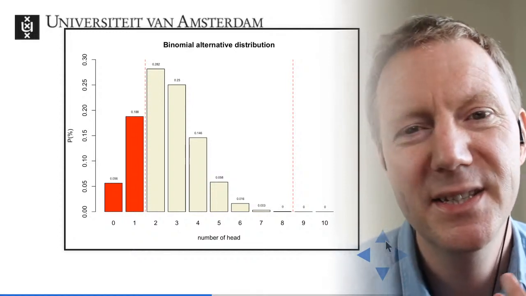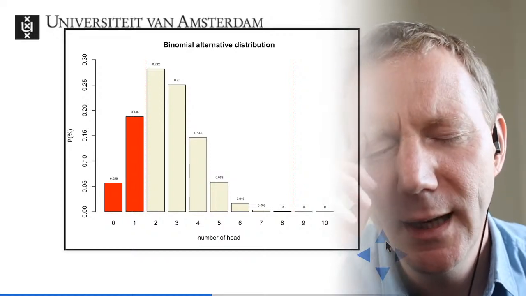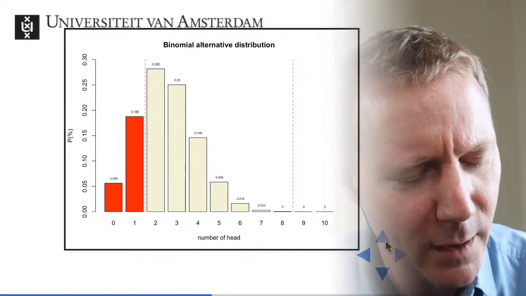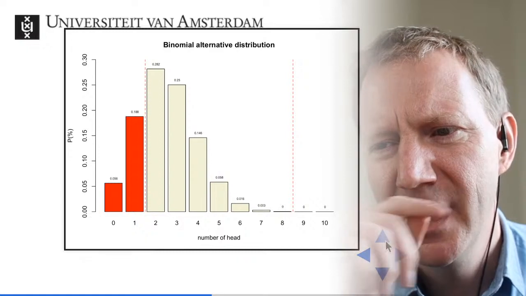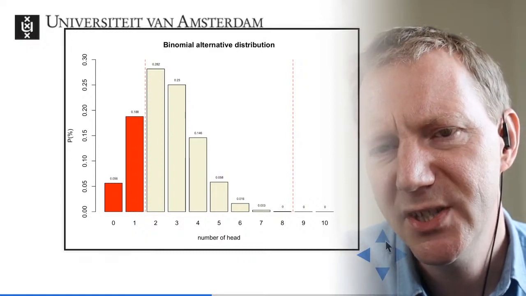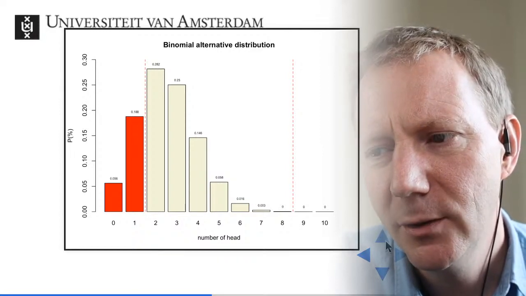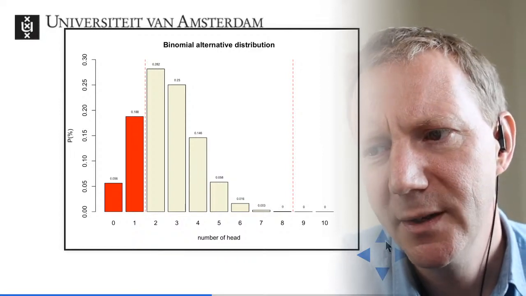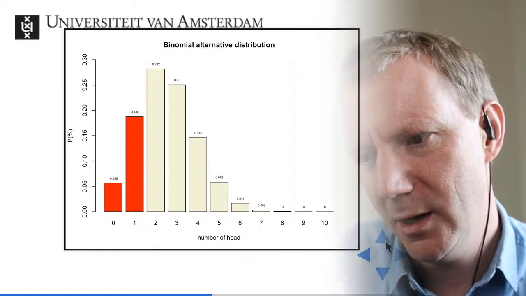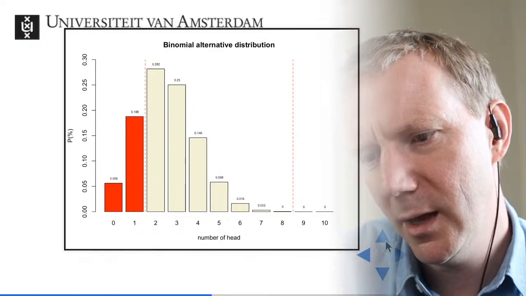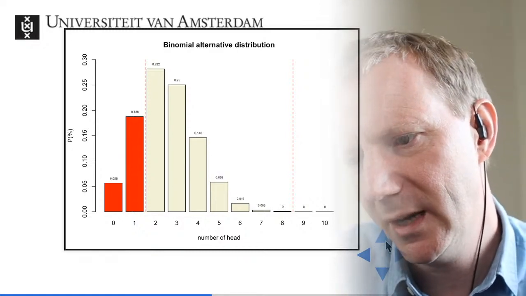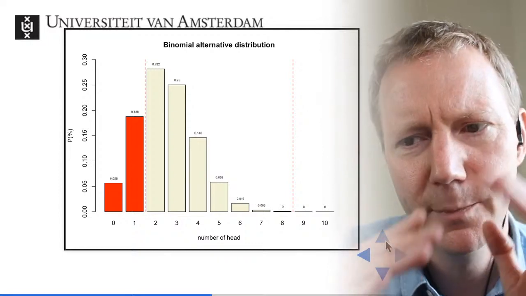So let's see it from a more intuitive perspective. This alternative distribution looks a little bit like the null distribution, right? So it has its weight also a bit from the middle. It's not at 5, but it's a bit skewed.